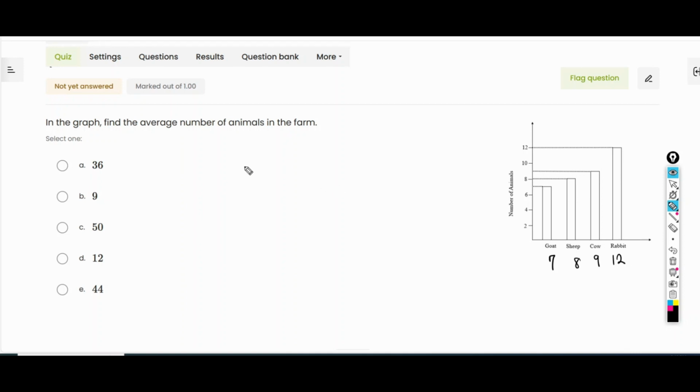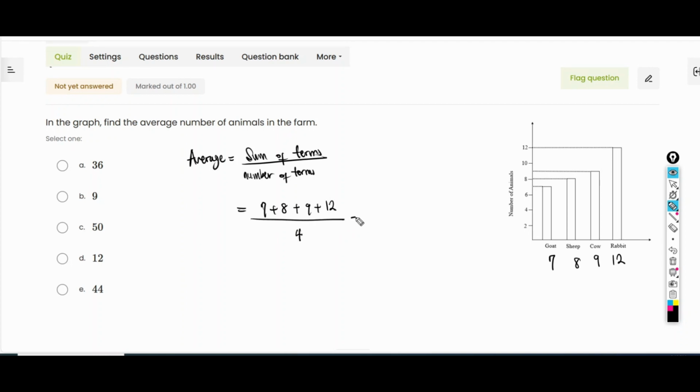All right, so the average would be average or mean. Average or mean would be sum of terms over number of terms. So the sum of terms, we'll just need to add up all of them. So it's going to be 7 plus 8 plus 9 plus 12 over, and how many are there? 4.